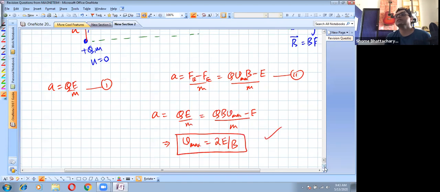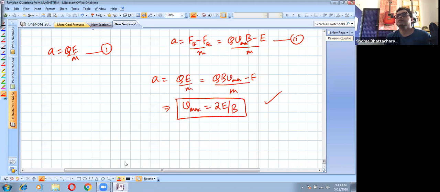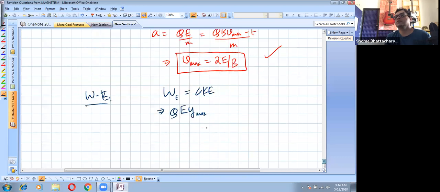And then use work energy. Secondly, the work energy theorem: work done by electrostatic force is the change in kinetic energy. So QE into Y max becomes equal to half m V max square. That's my second equation.